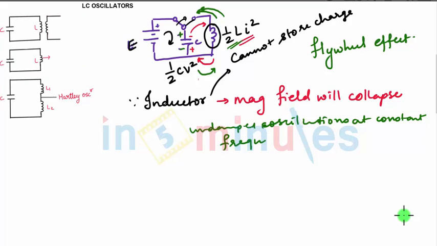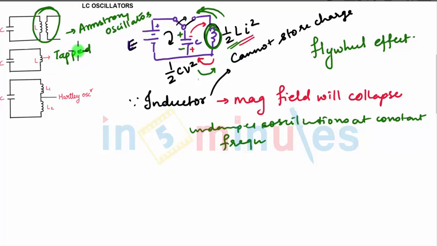Now in different types, instead of this inductor we can have the circuit in this format. When the circuit is in this format, we call it an Armstrong oscillator. If instead of the inductor it is tapped, then it is called a tapped coil or Hartley oscillator.